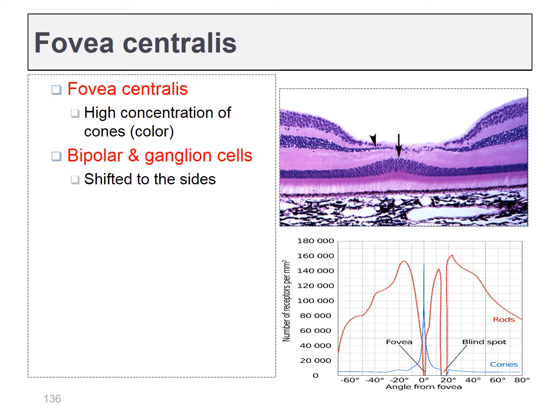The fovea centralis contains a high number of cones. Those are for color vision. It also has very few of the other cells. Those cells got pushed to the sides here. In all of the other portions of the retina, light has to travel through the axons and the ganglion cells first, then through the bipolar cells, before finally reaching a rod or a cone down here.